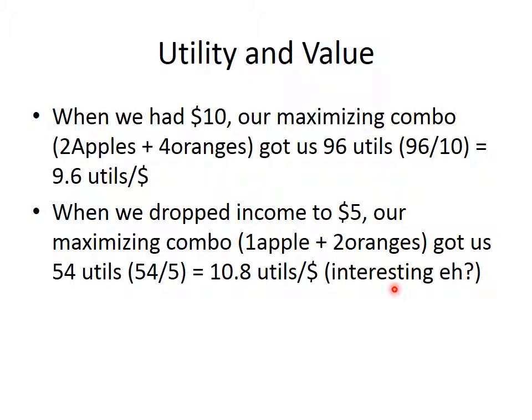The marginal utility per dollar has to be the same. We're now looking at total utility per dollar. And when we look at total utility per dollar, we're not maximizing the total amount. But what we are doing is getting more for our dollar. Here, we're getting 10.8 units of benefit for every dollar we spend. Okay?